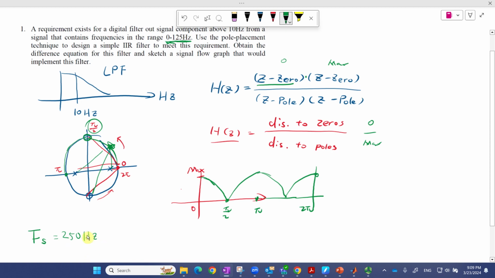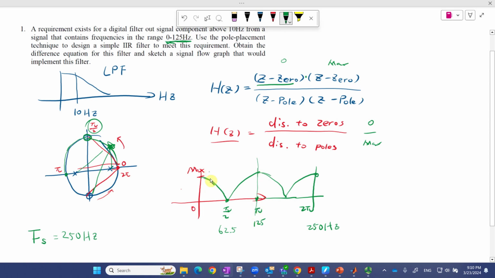If that's the case, here is 250 hertz, so if you go around is 250 hertz, and here is 1/4 of that. How much is that? 62.5. Let me have a look. Yes, that's only 62.5. That's not good, because up to 125 you have useful information.